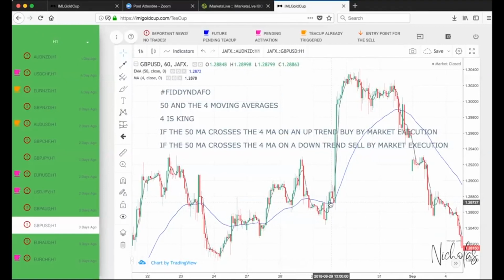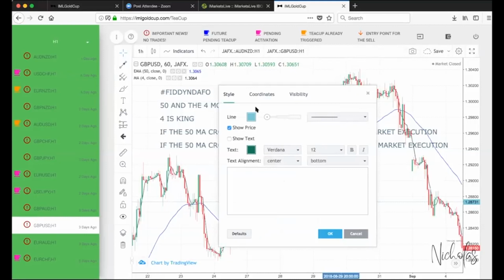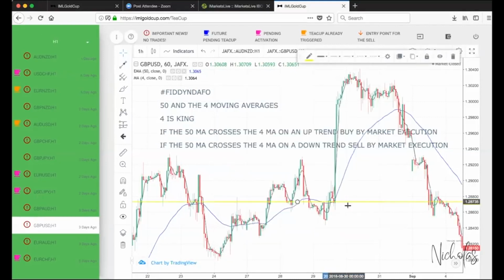So I would buy when this crossed right here. Bam. Let's make this thick so I can see that. That 50 and that 4. Right? So cross right there, that's where I'm going to buy at.